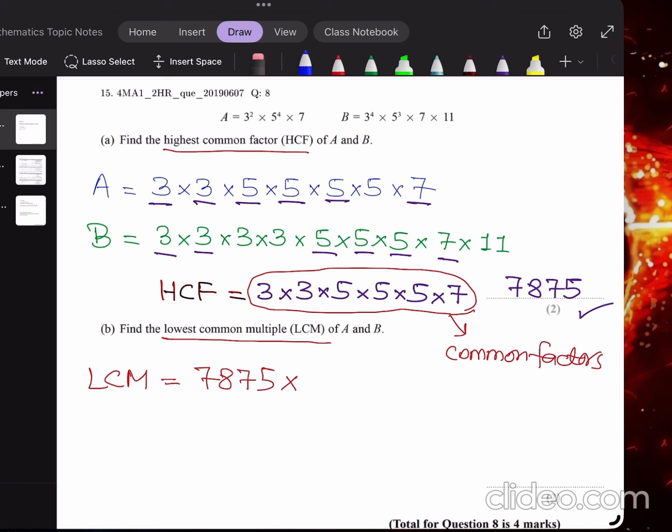In the first number A, this 5 is uncommon, which was left. In B, this 3 is left and uncommon, and this 11 is uncommon. So I am going to multiply all of them, common and uncommon factors, and see my final answer.